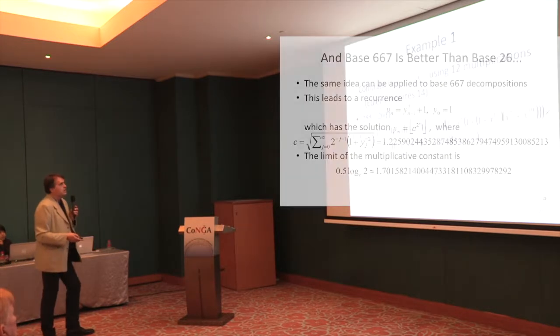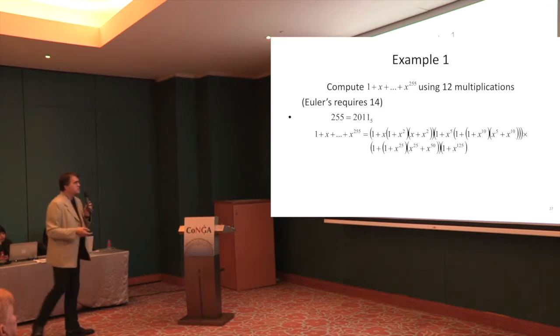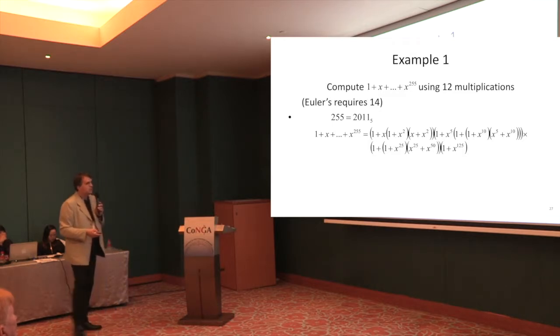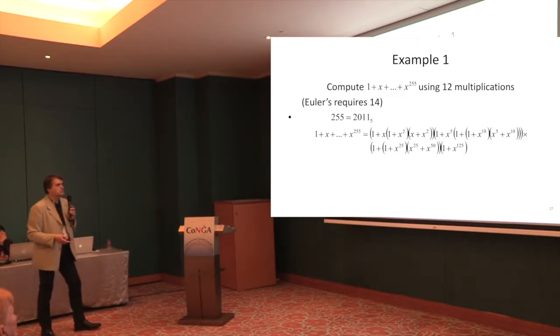So here is a series of a few examples of how to compute this polynomial of degree 255 if we decompose the 255 in base 5, which is given here, and decompose the polynomial in this clever way. It takes only 12 multiplications as opposed to 14. It may not seem like a big reduction, but still it is.